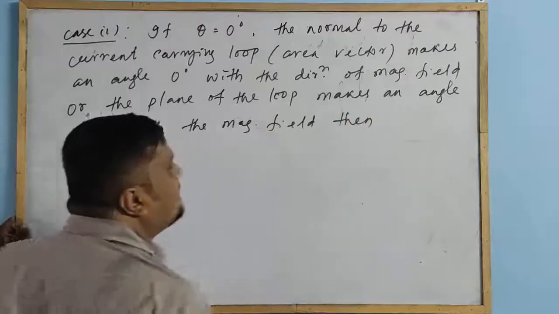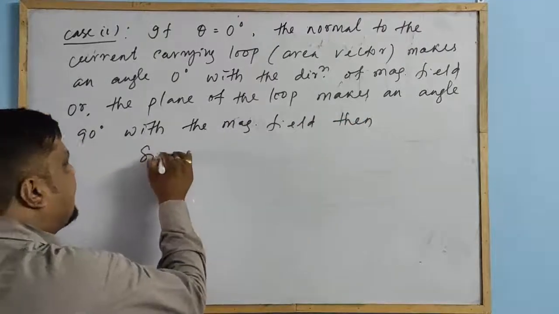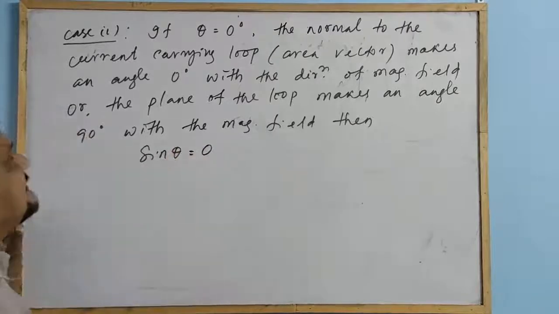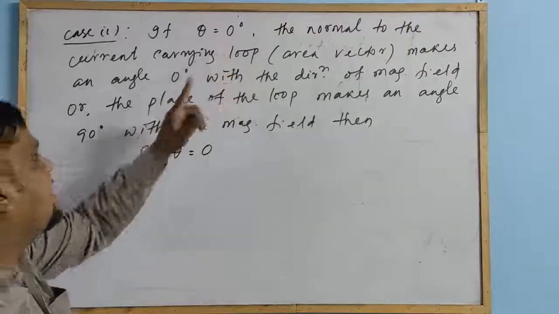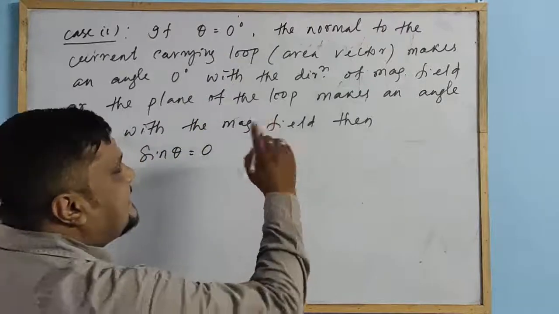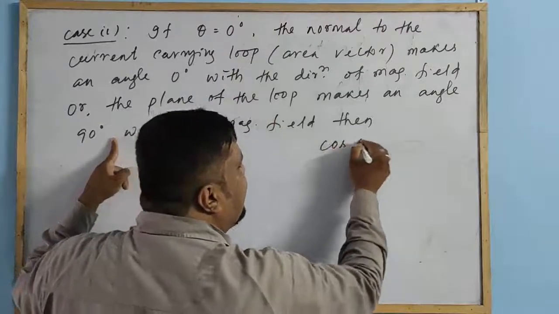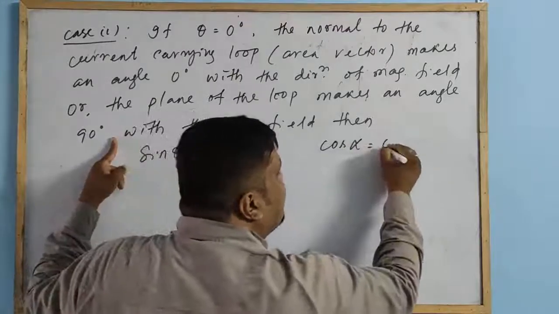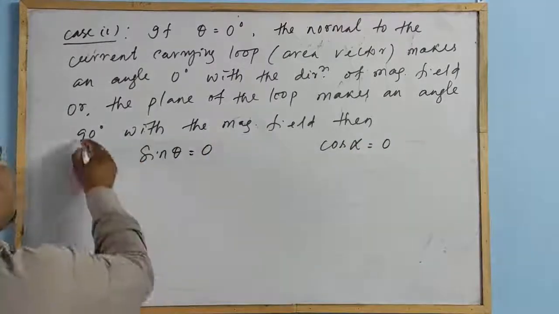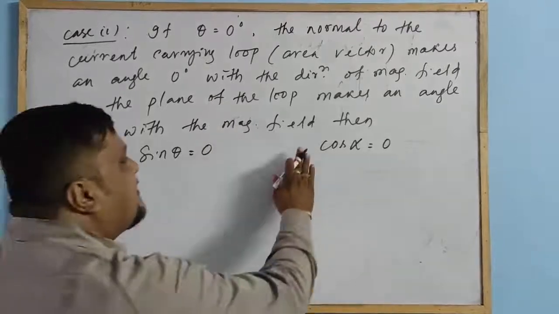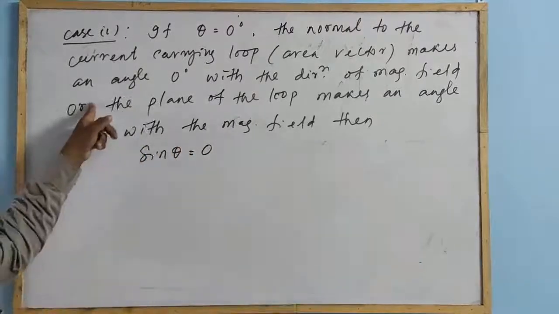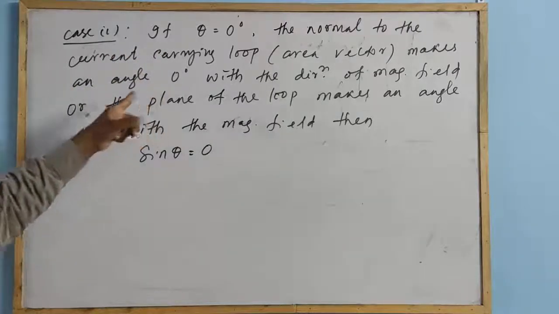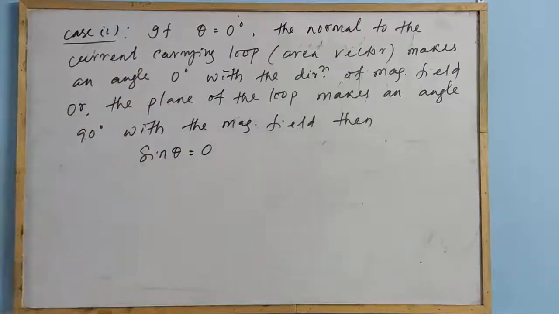Then sin theta is equal to 0. If the plane makes 90, then we will use cos alpha. Here alpha is 90, cos 90 is 0. Clear?